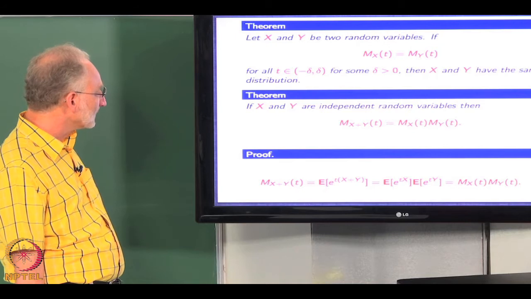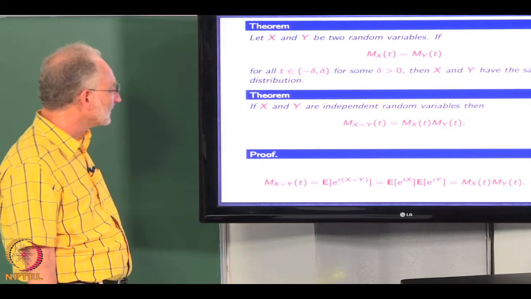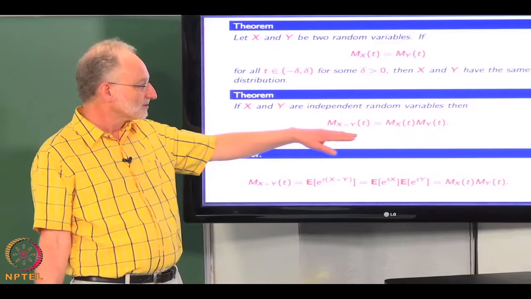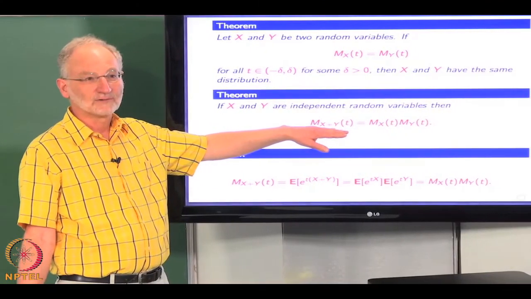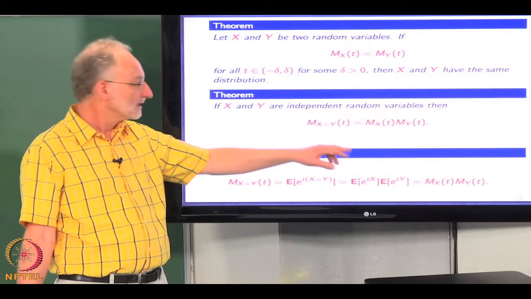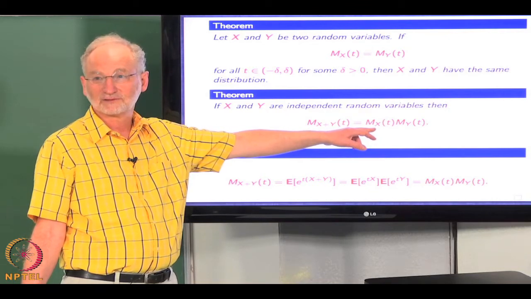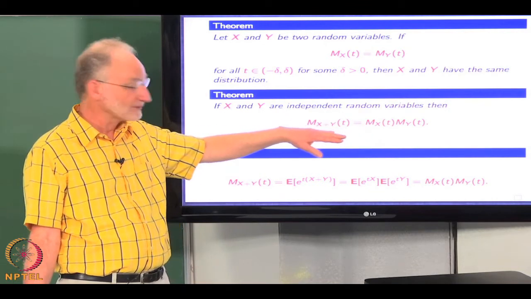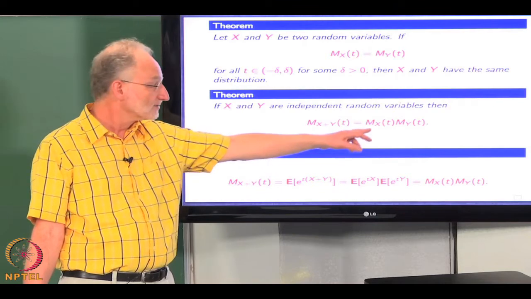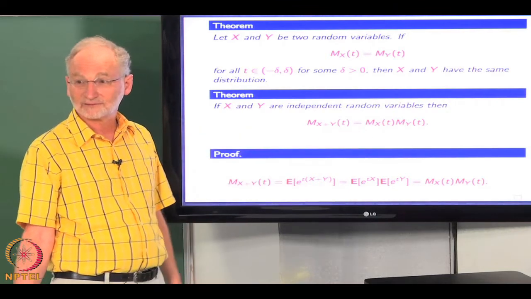The last thing that I want to remind you is that the moment generating function of a sum of independent random variables is the product of the moment generating functions.